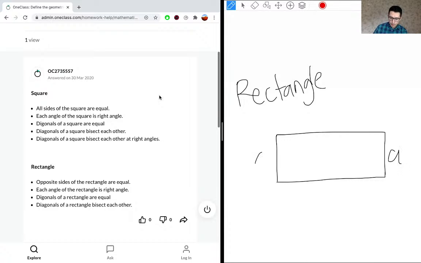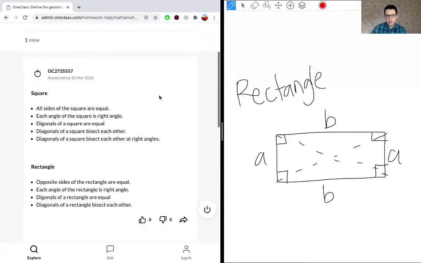So if you had side A and side B, those 2 sides shown are equal. Each angle of the rectangle, similar to a square, is a right angle. Diagonals of the rectangle are equal. So if we look at the diagonal here and the diagonal here, these 2 would be the same length.